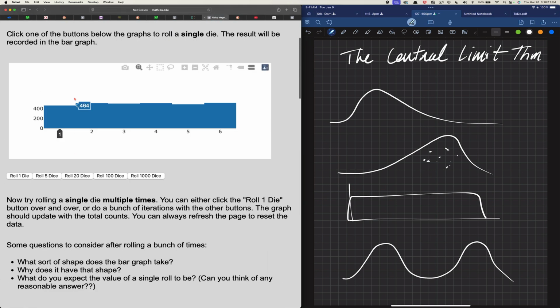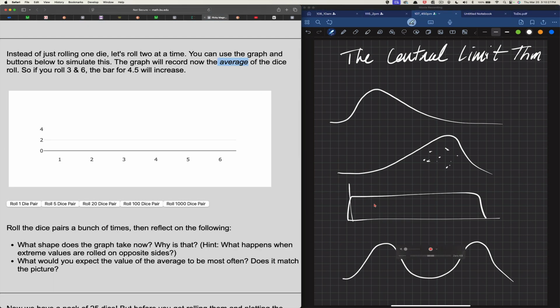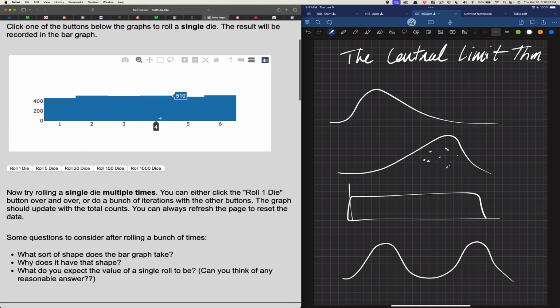I'm going into this population. Notice how that population is uniformly distributed, right? This rectangle, right? The population is a uniform distribution. I'm going to roll a pair. I'm not counting them as individual. I'm taking a sample of 2 die rolls out of here.